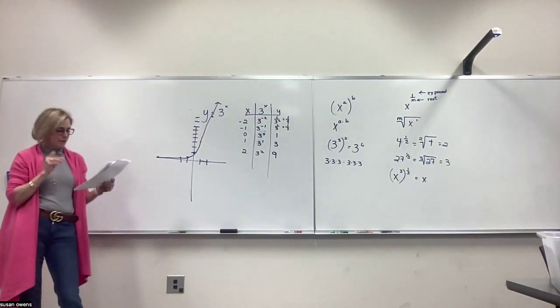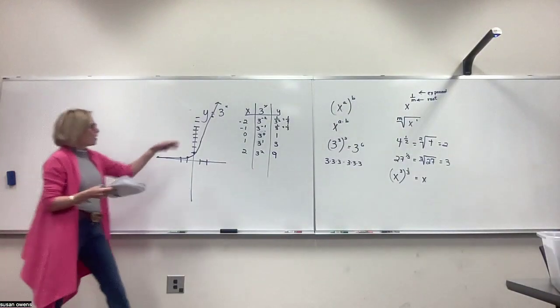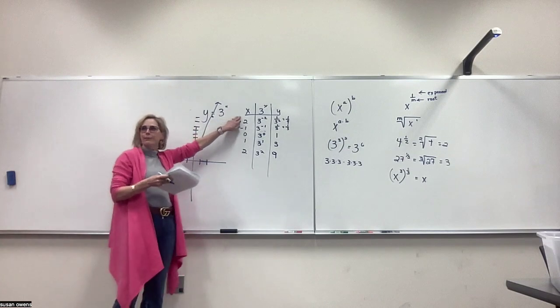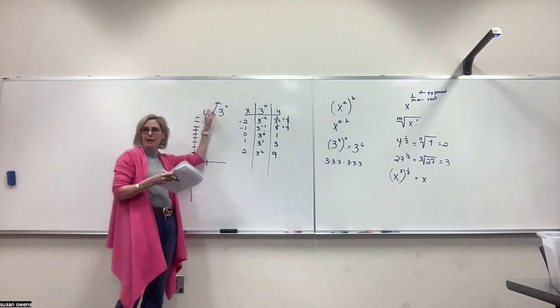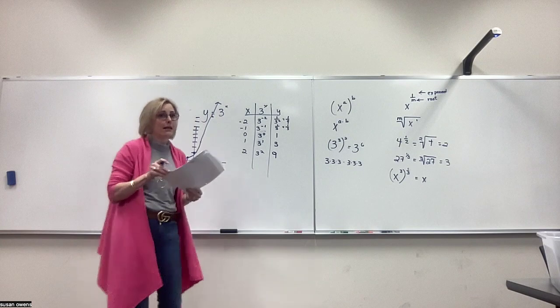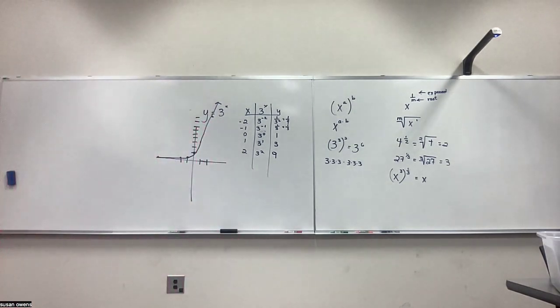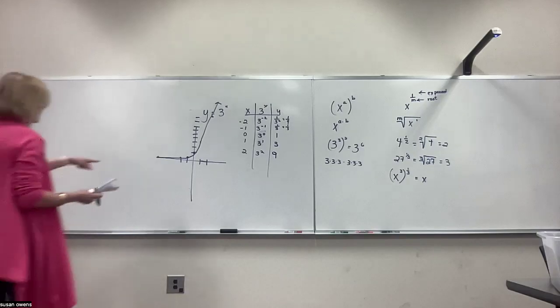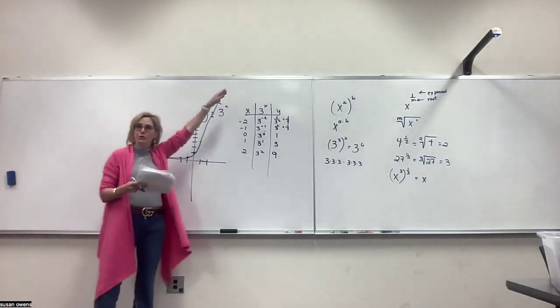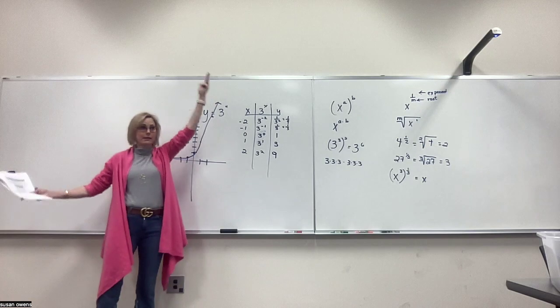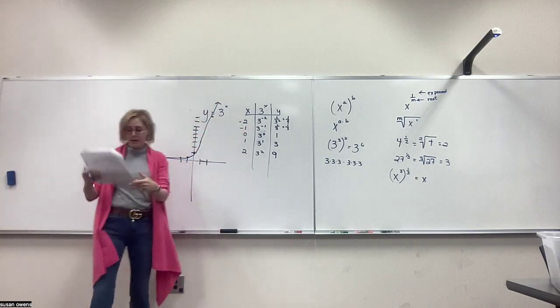We could shift it down by adding or subtracting something. We could make it negative if we put a negative A value in front. But for the parent function of an exponential, it will have an asymptote at 0 and the other side will grow. So it'll either look like this or this. Okay?